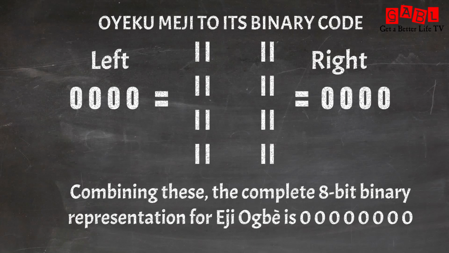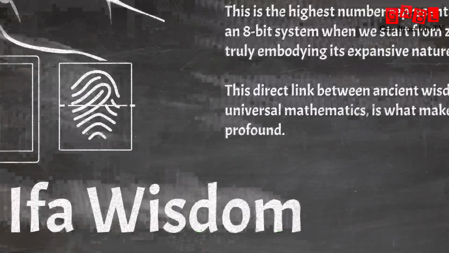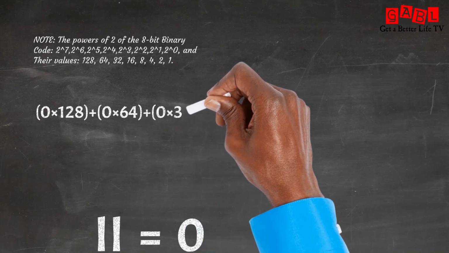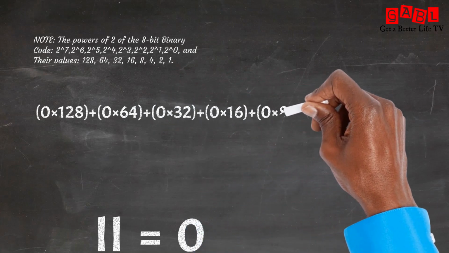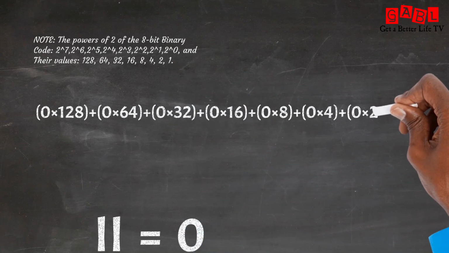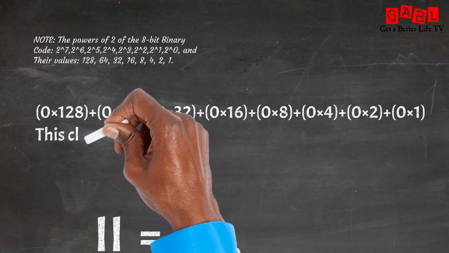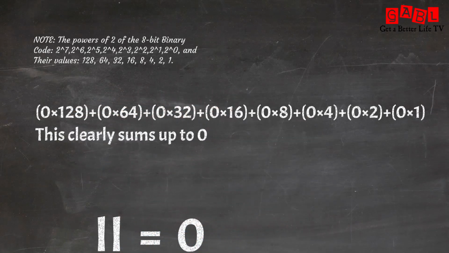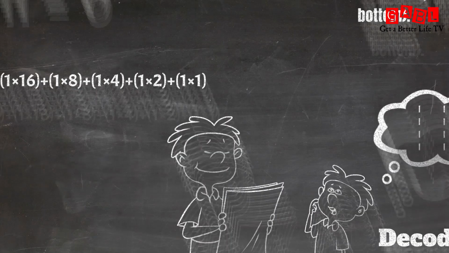Putting them together, the 8-bit binary representation for Oyeku Meji is 0 in 8 places, as you can see on the screen. Now, converting this to decimal, this clearly sums up to 0.